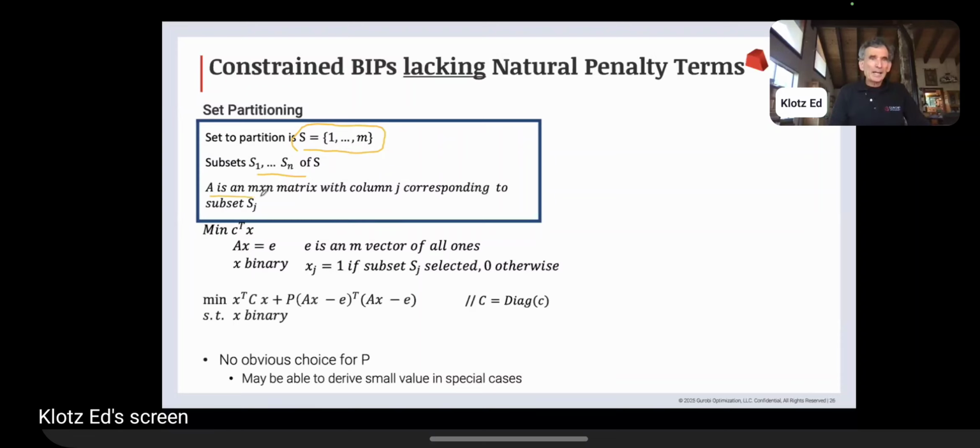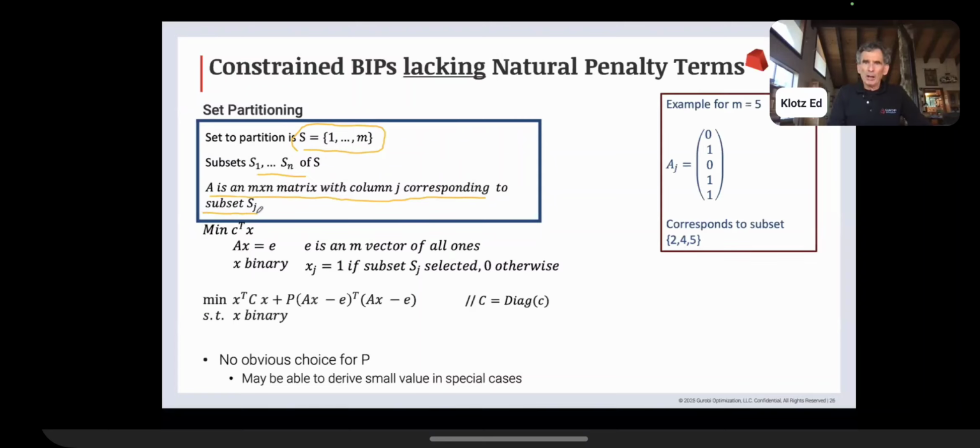So we create an m by n matrix with column J corresponding to the J subset in our collection. And by column, in terms of the column entries, here's an example. If m is 5 and the column associated with subset J has ones in positions 2, 4, and 5, zeros elsewhere, that corresponds to subset 2, 4, 5.